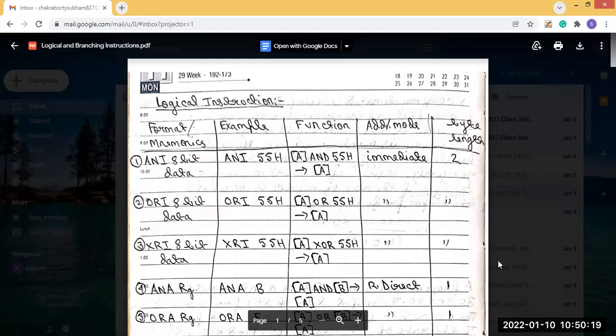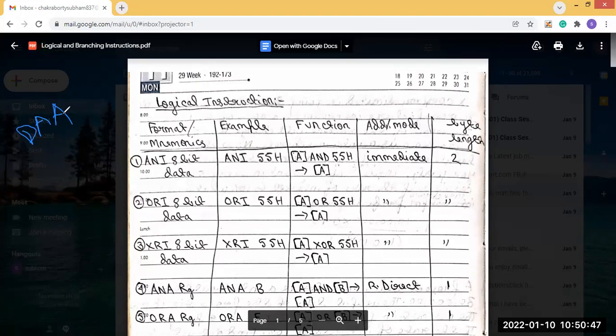Okay, so we are discussing the last instruction of our arithmetic instructions. Sorry, that is DAA. What does DAA do?